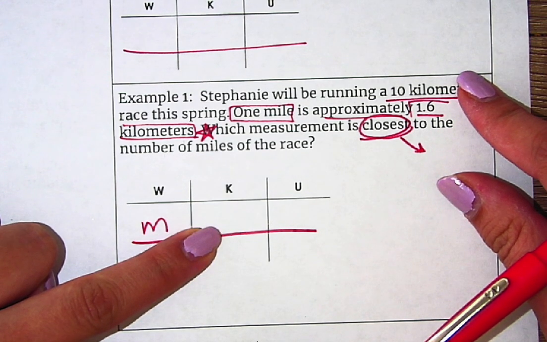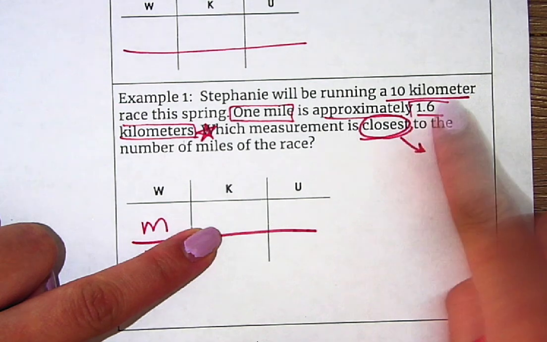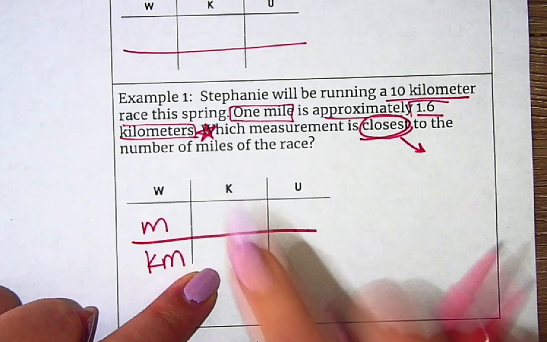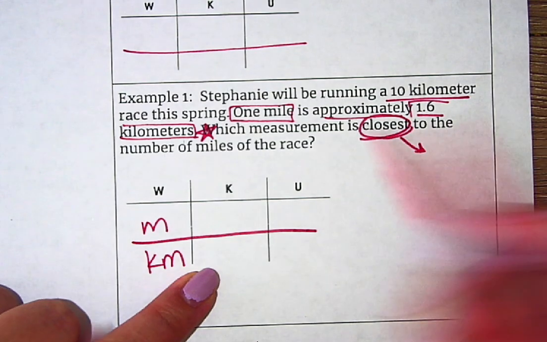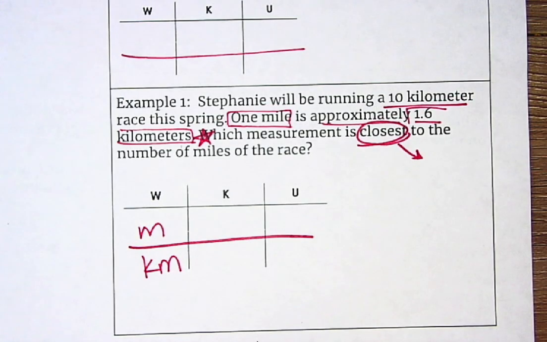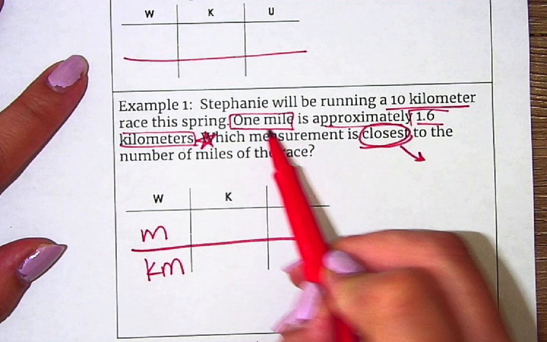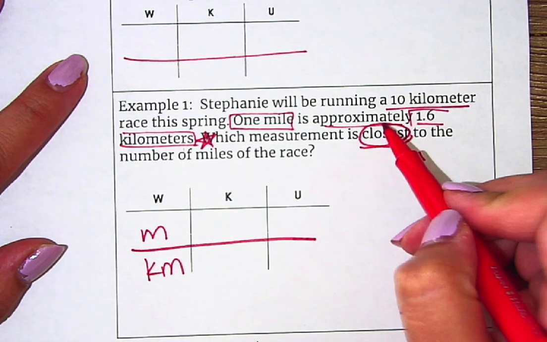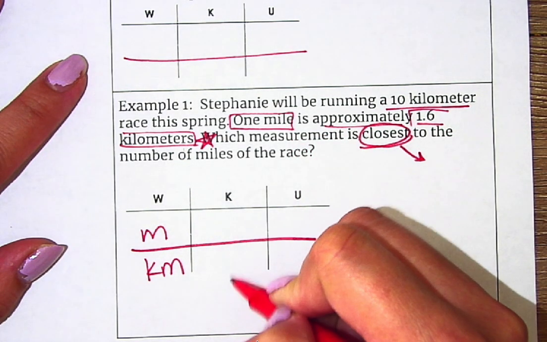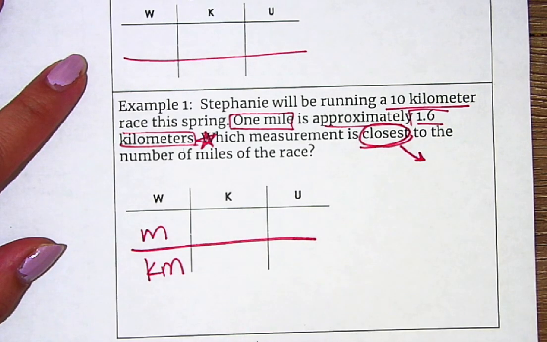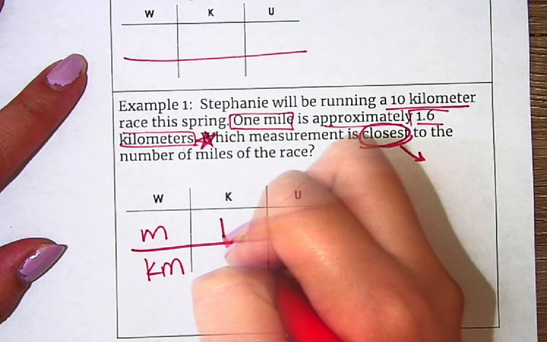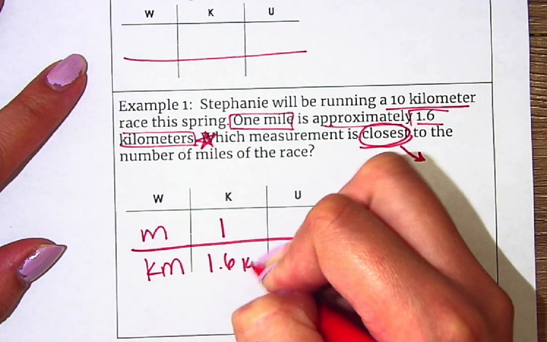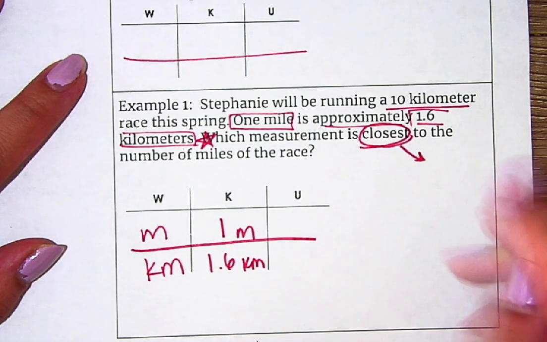Now, I know you want to put 10 kilometers right where it says KM, right? I know that's the first thing you want to do. But it gave me a scale. It told me 1 mile is approximately 1.6 kilometers. That is going to go in my K column, okay? So I'm going to put 1 mile is 1.6 kilometers, KM. Don't forget to put your labels.